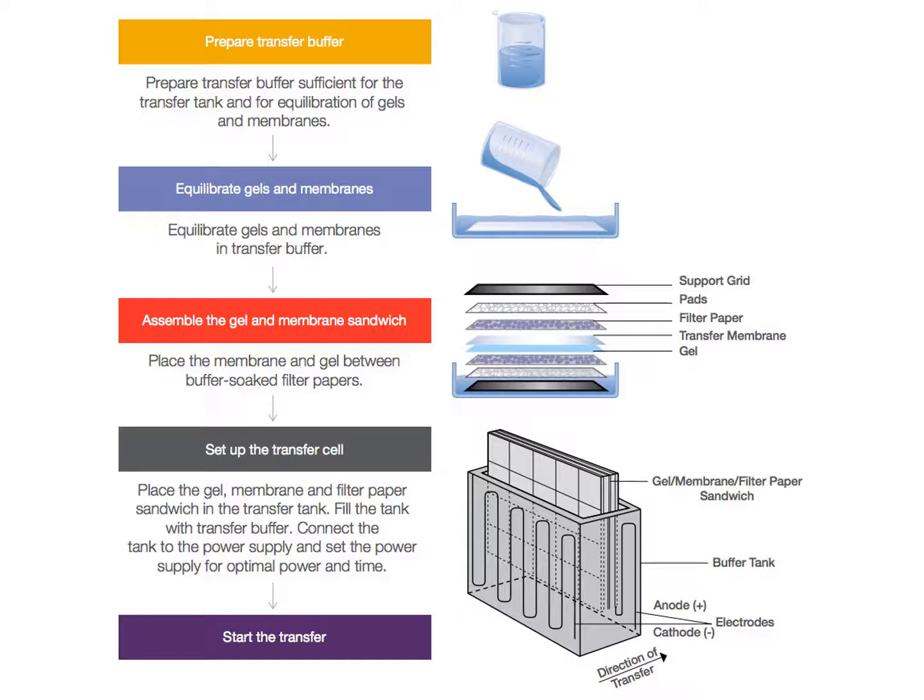That transfer membrane cannot be so porous that proteins would go past it, because they would go directly to the platinum wires. So if you forgot to add a transfer membrane, the proteins will leave the gel, go through the filter paper, the blotting paper, the pads, and hit the platinum wire through the support grid, and that wouldn't do you much good.